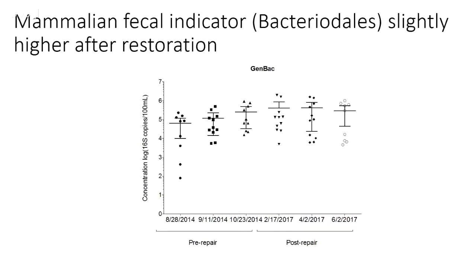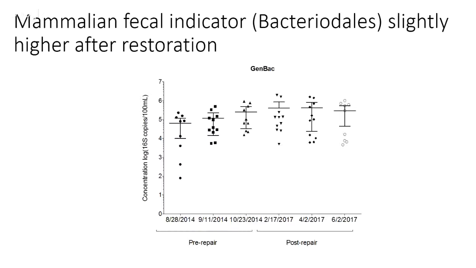So this could be one of the possible explanations of why we see a slight increase. And this is a similar plot for Bacteroidales. It's also slightly higher after restoration. Could it also be due to circulation before the restoration? We don't think so, because the circulation actually increased due to the addition of this new mākāhā channel. Before restoration, the whole wall was overgrown by mangroves, and there wasn't a lot of water flux in and out.